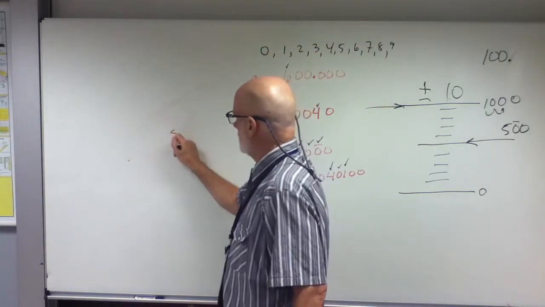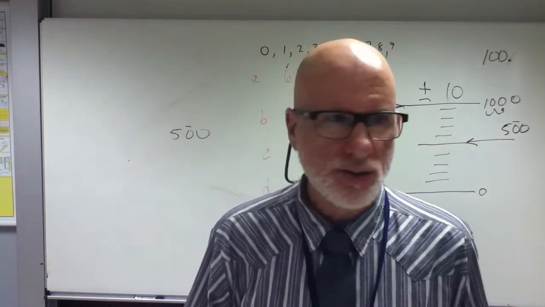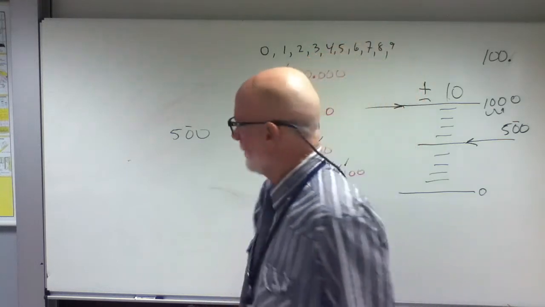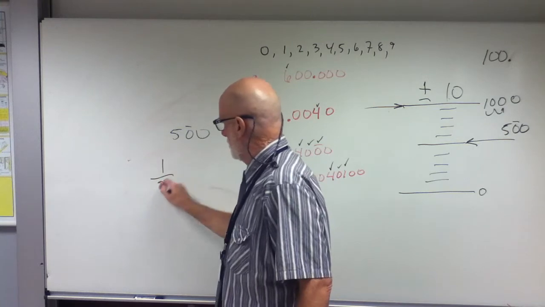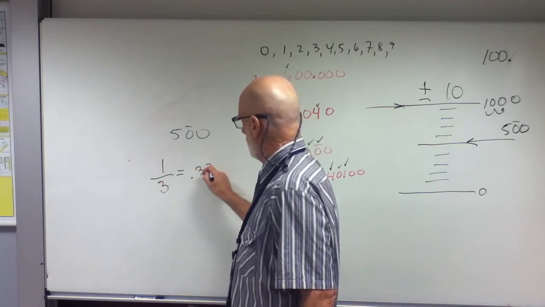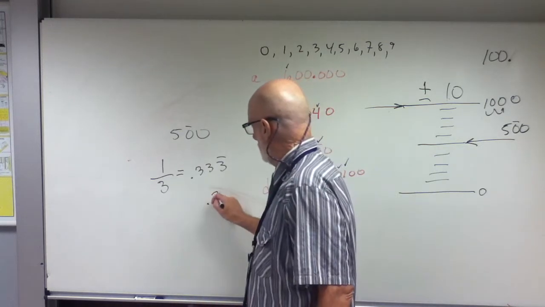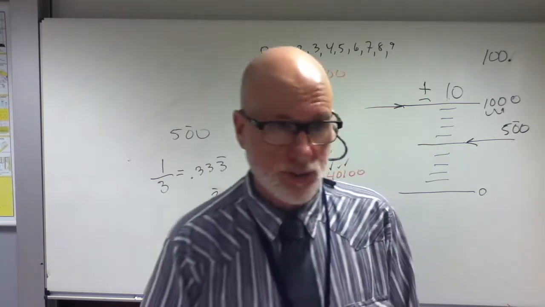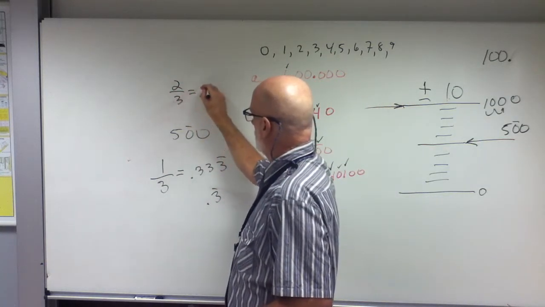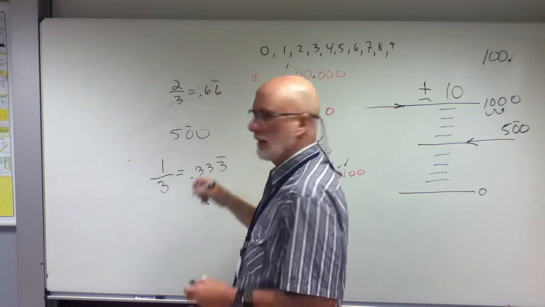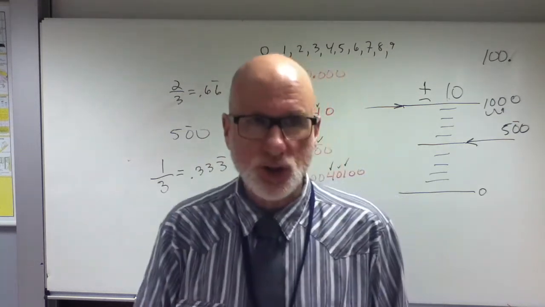This is a bar we use to indicate significance in a number. And if I say 1 divided by 3, that's going to equal 0.33 repeating, whatever the case may be. Correct? That's what your question is. Another one is 2/3, 0.66 repeating. This is the answer to your question.